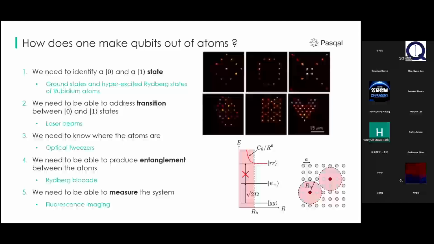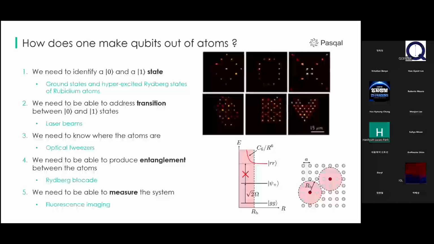So these three constraints, having an atom that's not too heavy, not too light, and not too many electrons in the outer electron layer, reduce the choice of atoms to a select few. Typically, for these types of devices, one considers rubidium, strontium, ytterbium, and in some cases even cesium atoms.